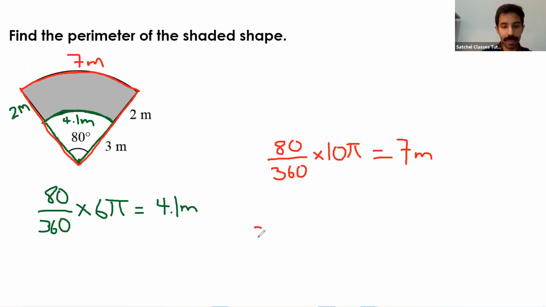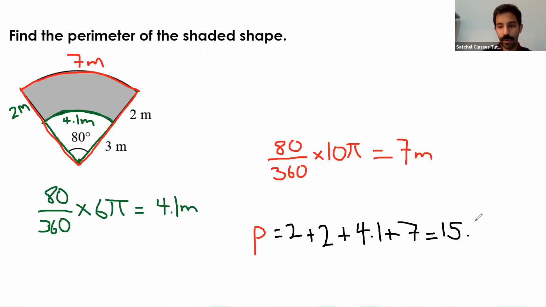So the perimeter is going to be 2 plus 2 plus 4.1 plus 7, which is equal to 15.1 meters.